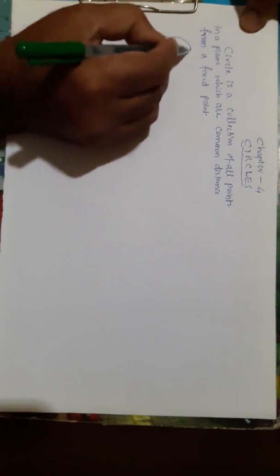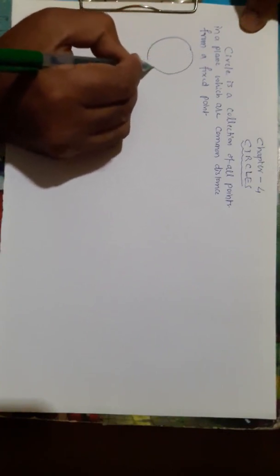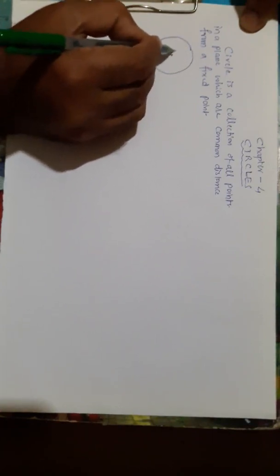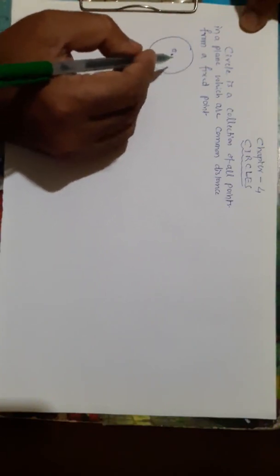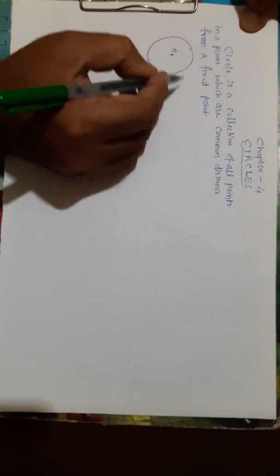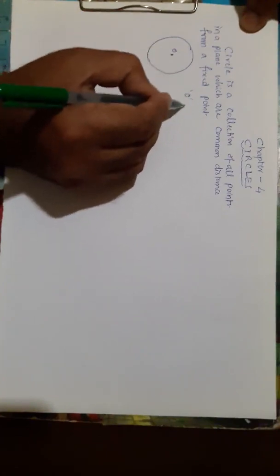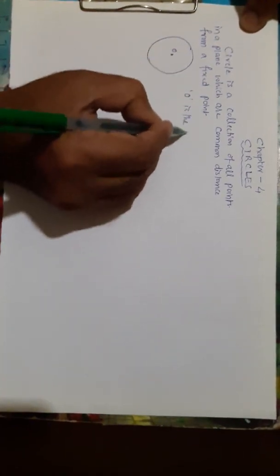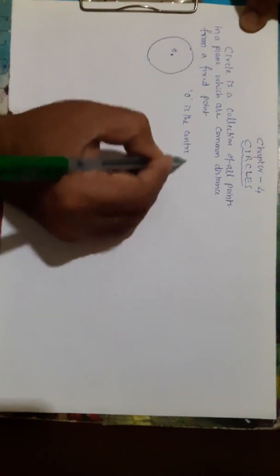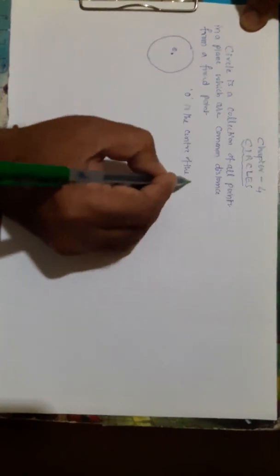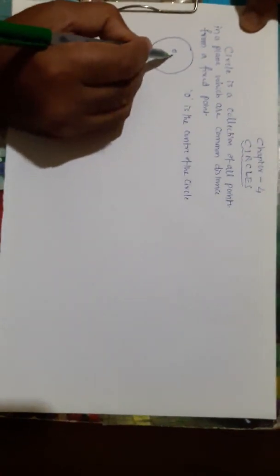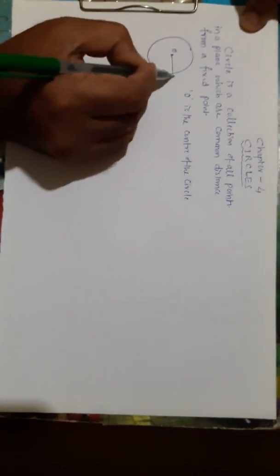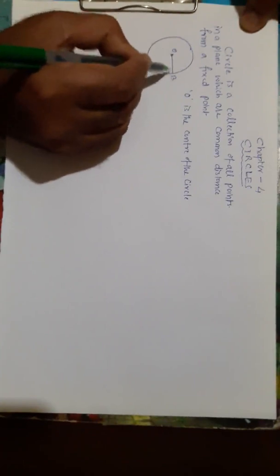Let us draw a circle. O is the center of the circle. Now I am joining here. It is the radius.